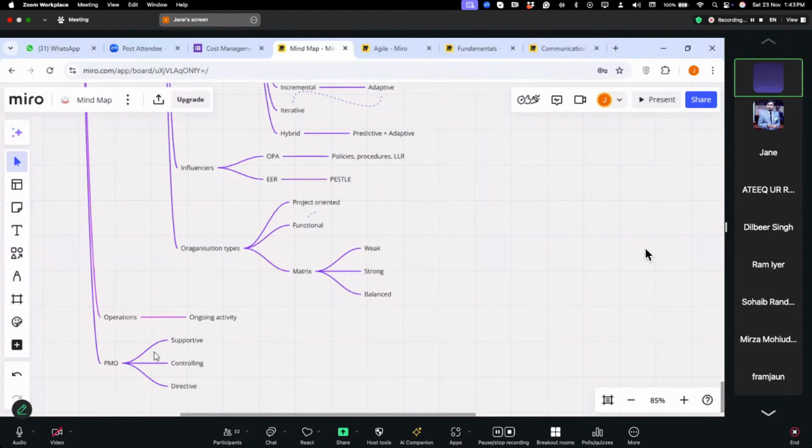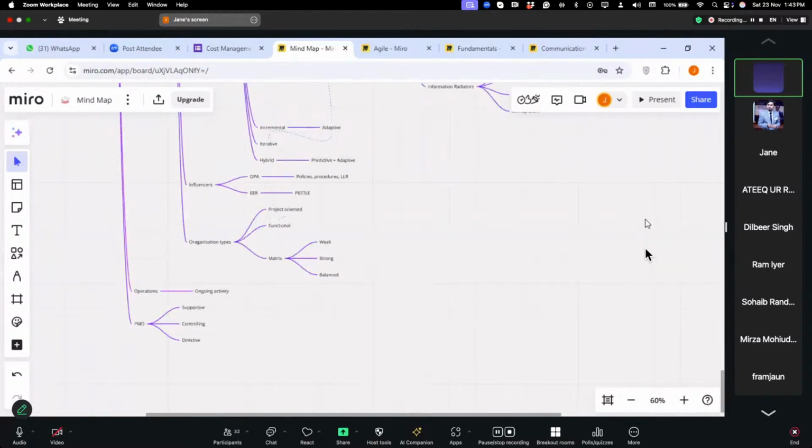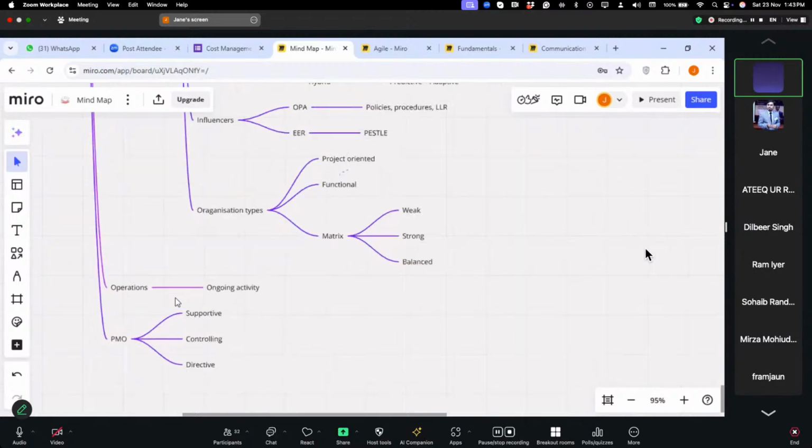Then we have the types of project management officers. There are 3 types: supportive, controlling, and directive. In supportive, they have full freedom. The templates, procedures, and policies are given to the team, and they do it by themselves.